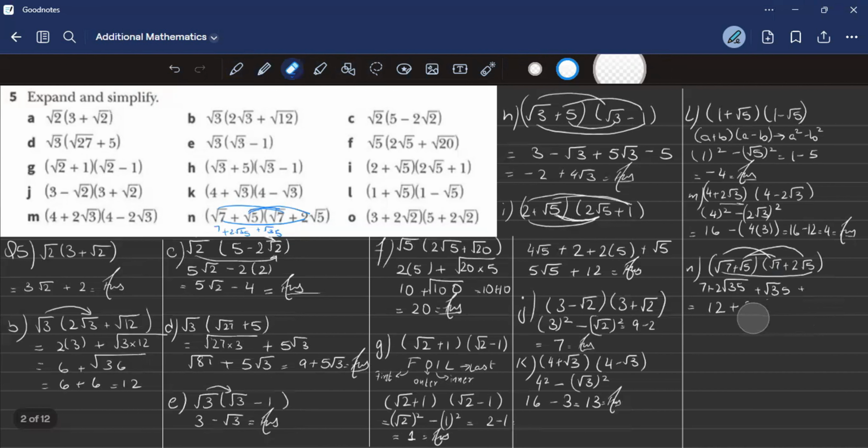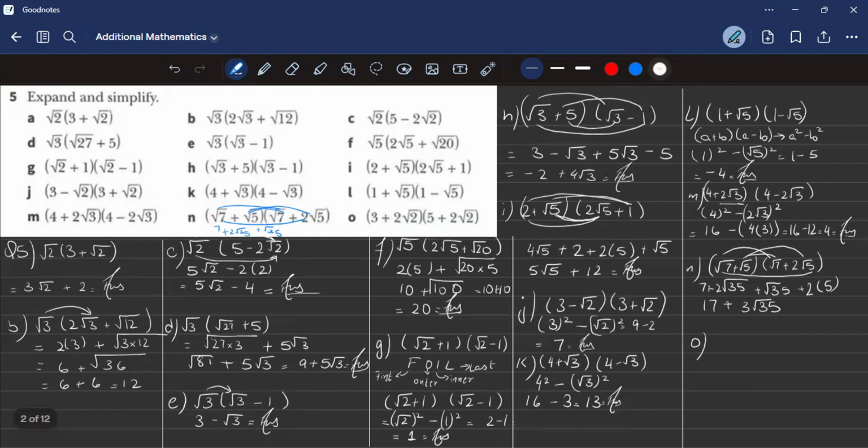Let me just erase this first. I'm really sorry for this mistake, and I don't know why I've been making this mistake today. And the thing is that we multiply the last value, so that would be equal to 2 multiplied by 5, because under root 5 multiplied by under root 5 is 5, and then we have 2 here also, so this is 10. So 17 plus 3 under root 35 is your answer for part N.